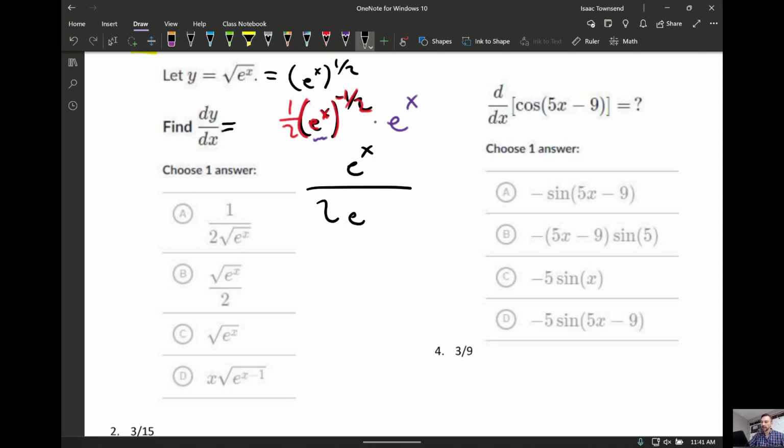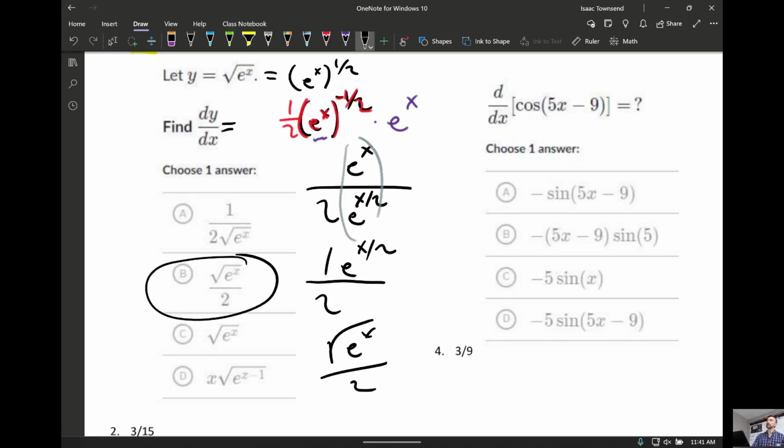So this is like x to the 1/2. And then when you divide things with the same base, it's like subtracting the exponents. So 1x minus half an x would leave you half of an x, or the square root of e to the x over 2.